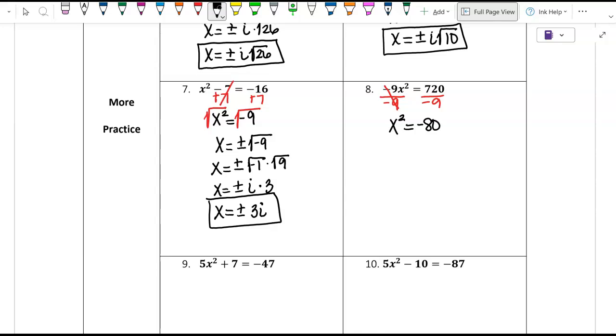So x squared equals negative 80. Take the square root of both sides. So x is the positive or negative square root of negative 80. So x is positive or negative square root of negative 1 times the square root of 80.